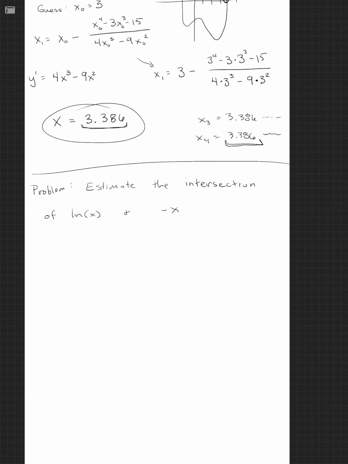So that doesn't sound like a function equals 0 problem, but we know that intersection of ln of x and negative x is really asking where are they equal.